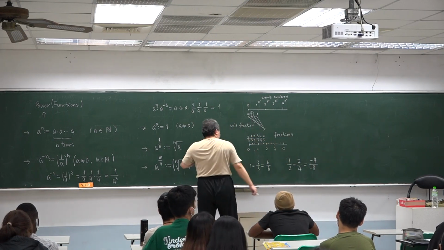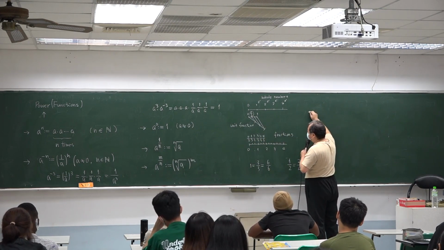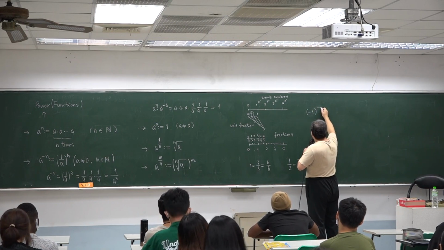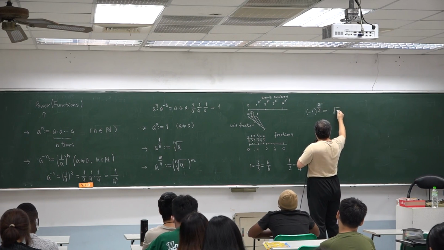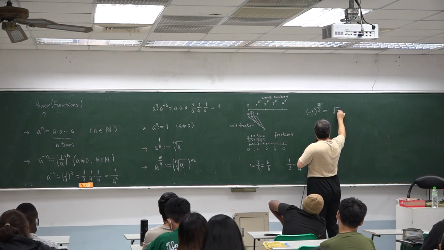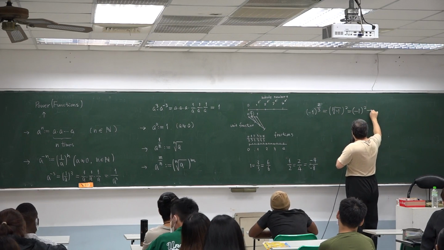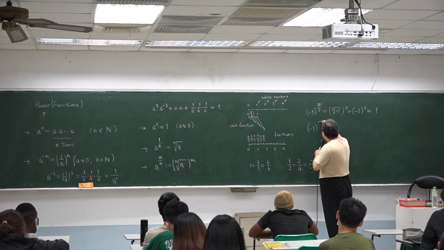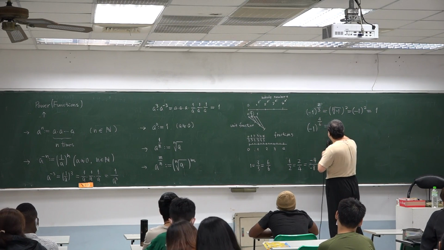Okay, so here we face some problem. If we write this one, then this is one half. But 2/3 is the same as 4/6.